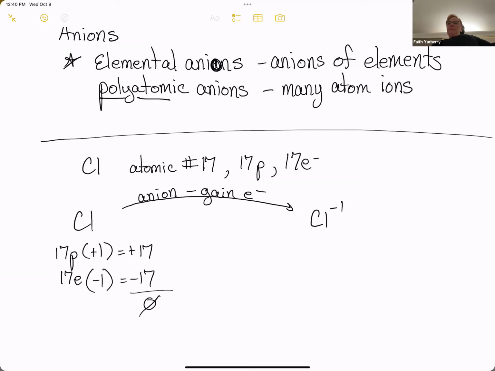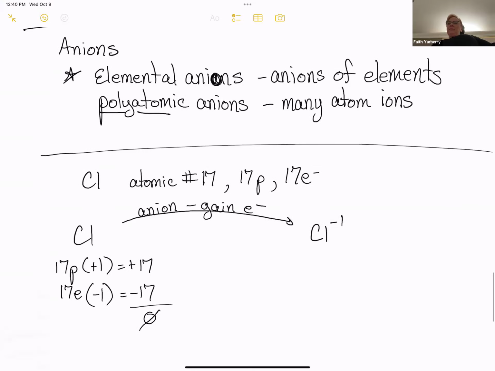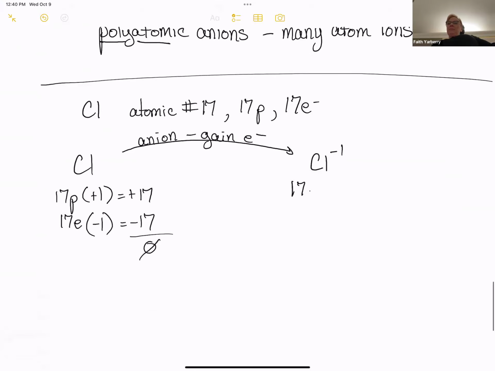So we have 17 protons at a +1. And if it gains electrons, that means we're going to have more electrons. We're going to have 18 electrons at a -1. You can prove that you went in the correct direction because a +17 and a -18, when added together, is a -1 charge.